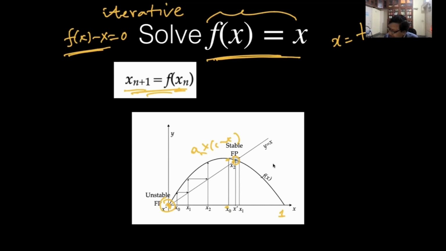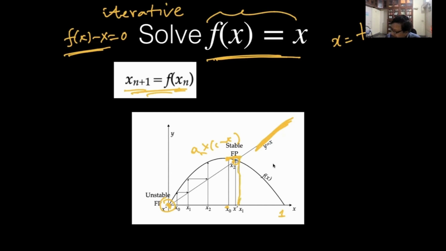My function f(x0) is here, so what is x1 now? This line is y equal to x, a 45-degree line. You make a horizontal line from f(x0), you reach here, and that is x1.